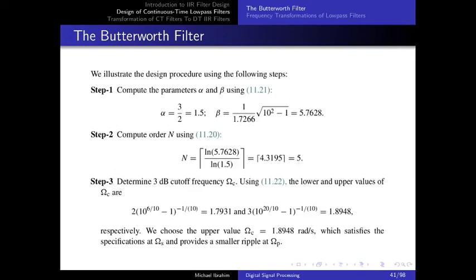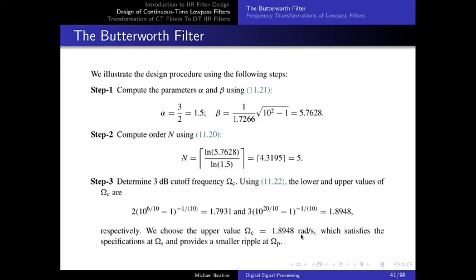One of them will be located on the real axis with no imaginary part, and the 4 other poles will be complex conjugate to each other. And we can find the location of these poles graphically, but first we need to find the value of omega c, the cutoff frequency. And now we can use the equation we have seen before to find that omega c is equal to 1.8948 radians per second.